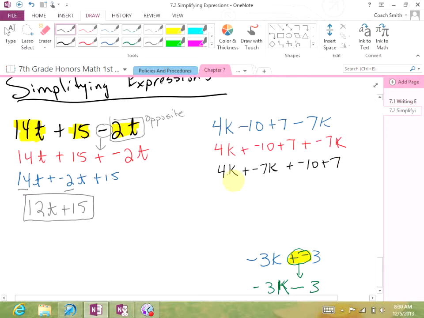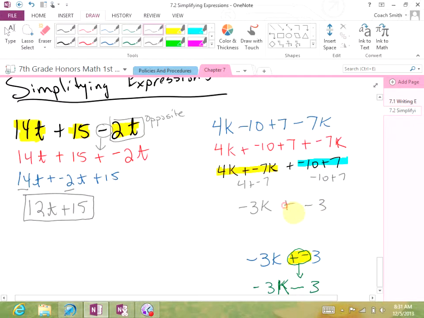Okay, these are one set of like terms. That's one set of like terms. So here I just have 4 plus negative 7. What is 4 plus negative 7? Negative 3. And I put my K with it. Here I have negative 10 plus 7, which is negative 3.